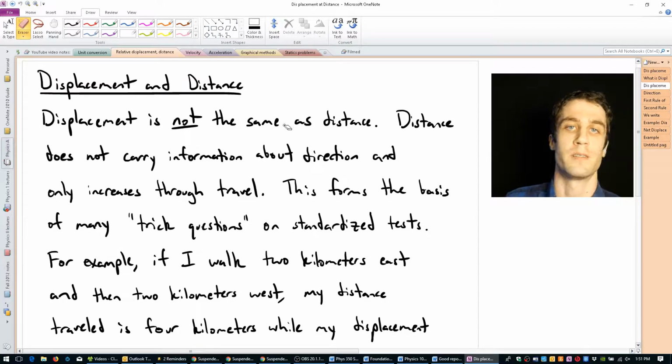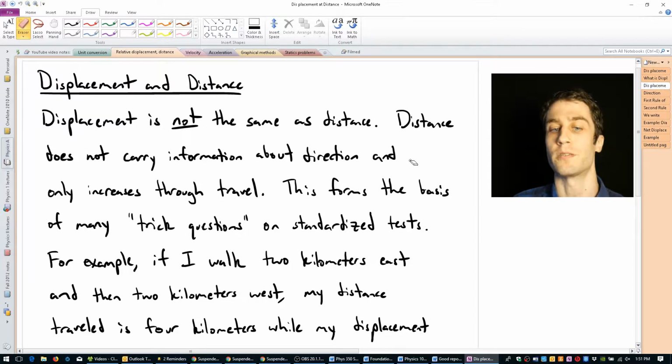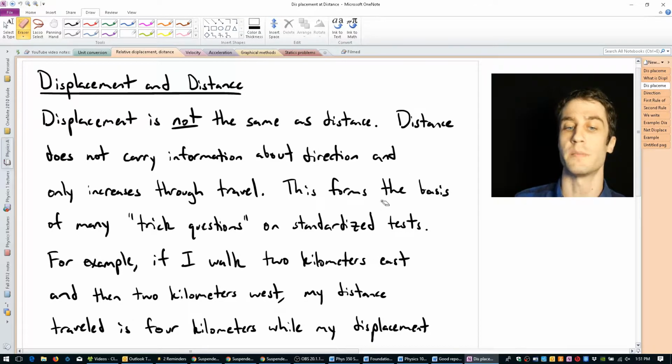Displacement versus distance. Displacement is not the same as distance. Distance does not carry information about direction and only increases through travel. This forms the basis of many trick questions on standardized tests, so be on the lookout for that.